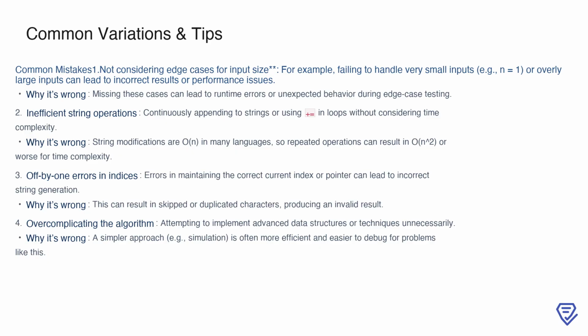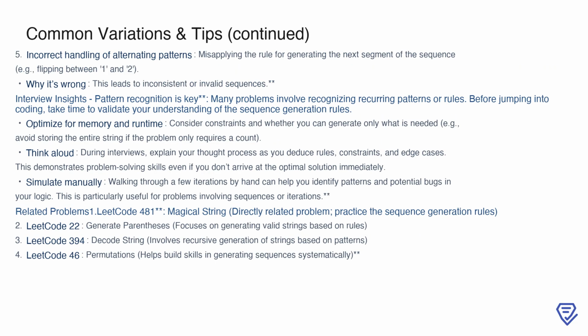Often, a straightforward simulation is both easier to implement and more effective for this type of problem. Another challenge is handling the alternating patterns incorrectly. This happens when the rules for flipping between 1 and 2 aren't applied properly, resulting in sequences that are either invalid or inconsistent. To avoid this, it's essential to clearly understand the logic driving the sequence generation.